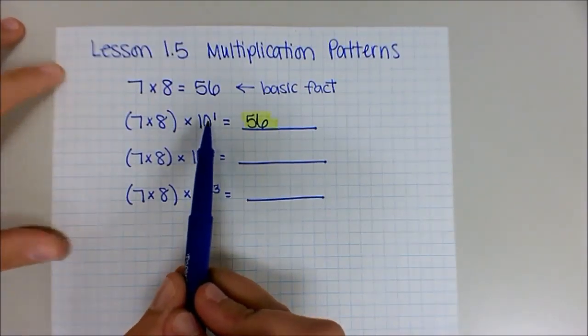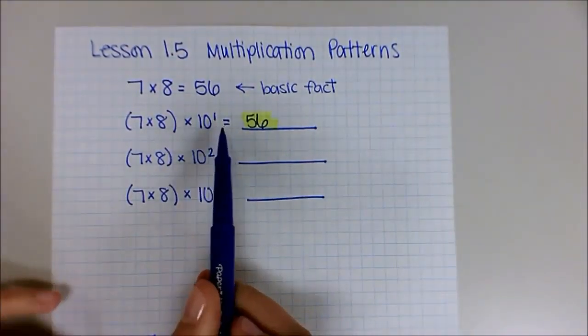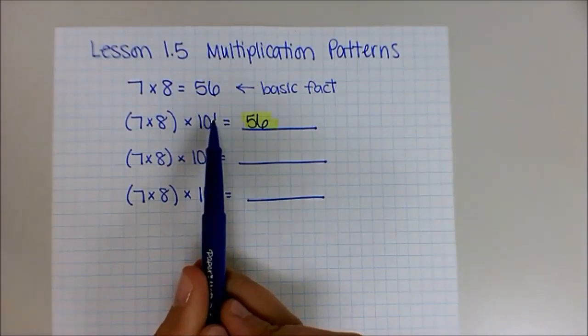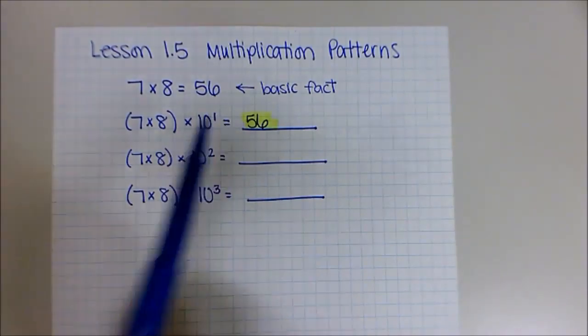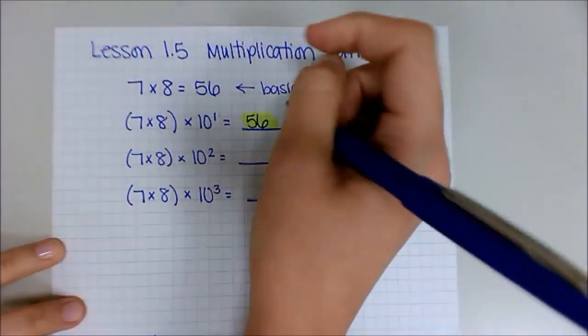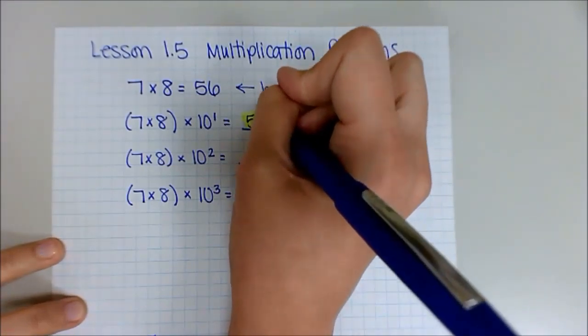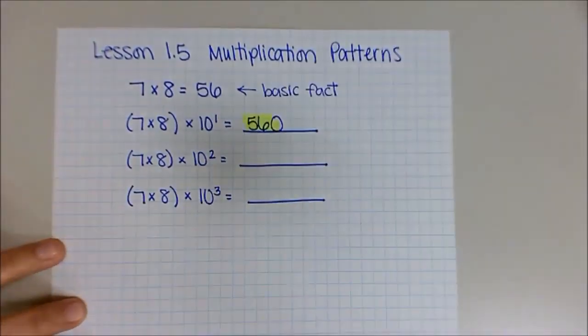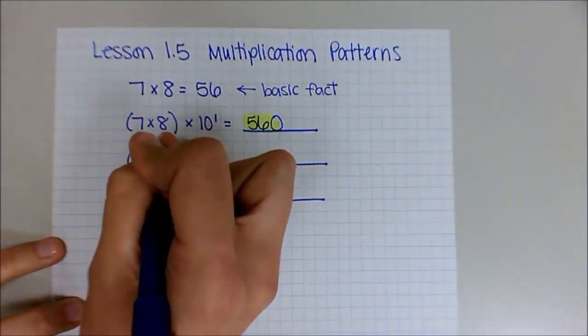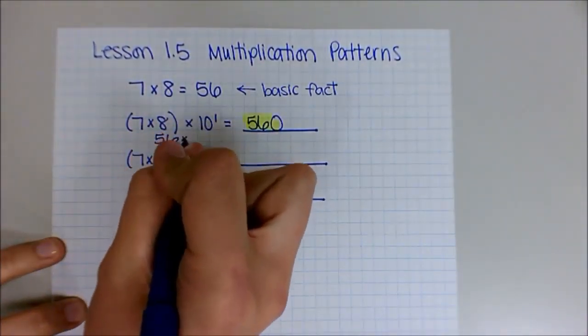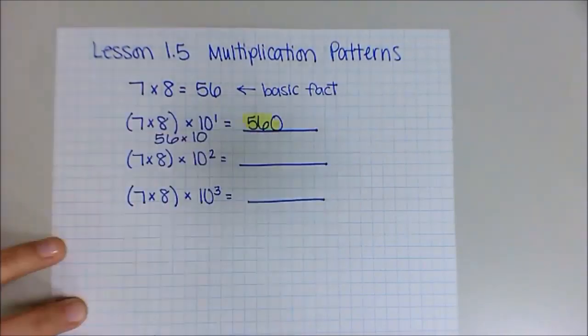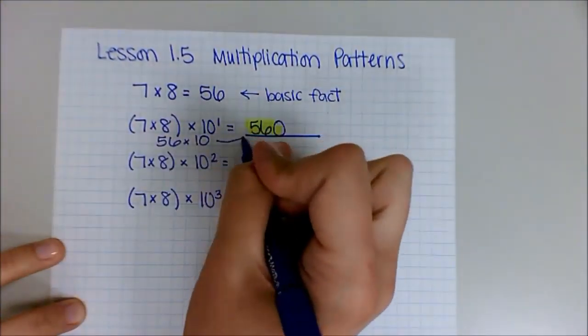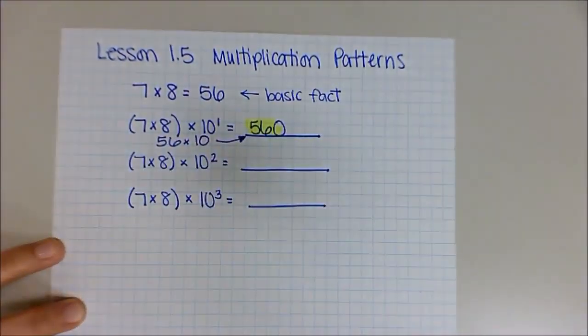My power of 10, think back to the shortcut with the exponent. The power of 10, there's the number 1 as an exponent. So that 1 is really telling me that I am going to add 1 place value onto my original basic fact. Because really this is telling me 56 times 10. And that will give me 560.